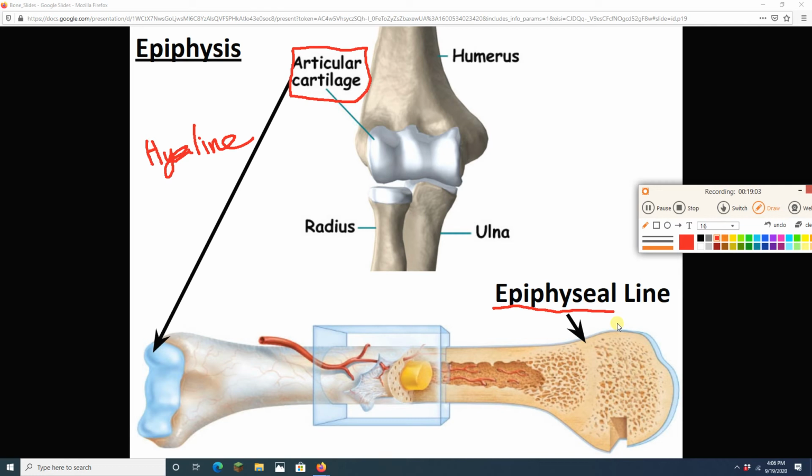We used to have a growth plate there. And we'll take a look at that growth plate in a second. But what happens when you're done growing, that growth plate, which used to be cartilage, turns into a line of bone. So I know this is an adult bone that I'm looking at here because I see my epiphyseal line and I see yellow bone marrow in that shaft. 2 good clues.